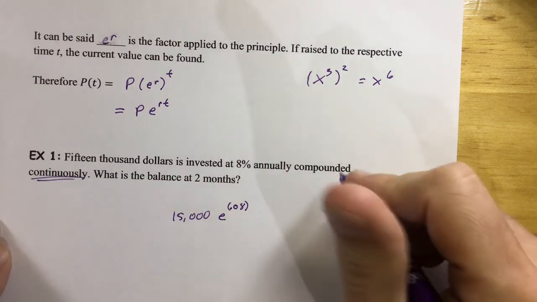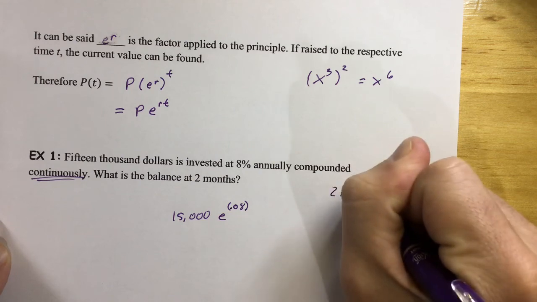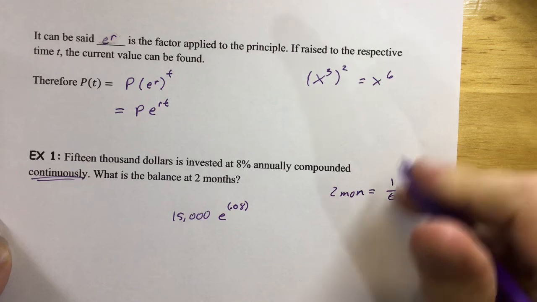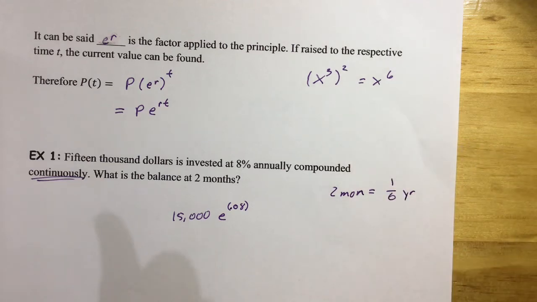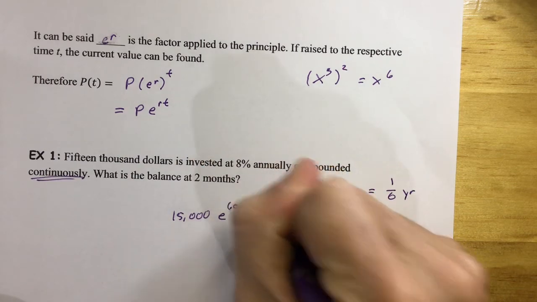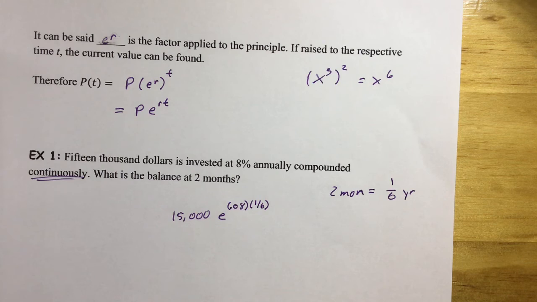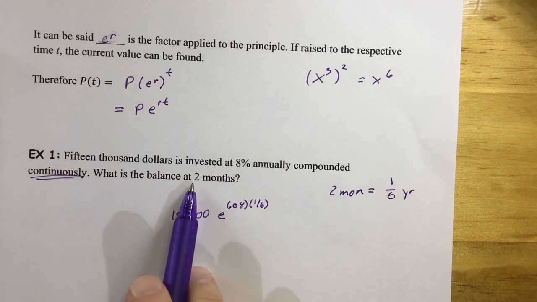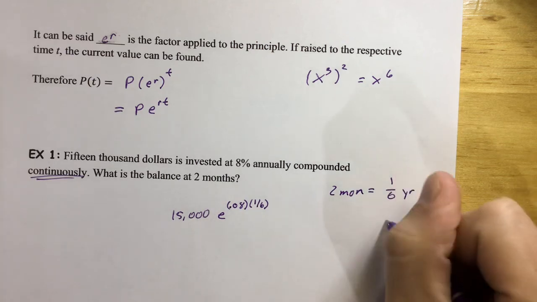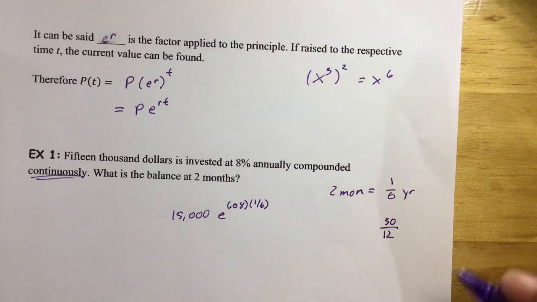So 2 months is the same thing as 1/6 of a year. So right here, we can just do 1/6. If you ever have anything in terms of months, just put the number of months over 12 and that'll work. Even if you had something like 30 months, you could just do 30 over 12. You don't really have to reduce if you don't want, but you could.